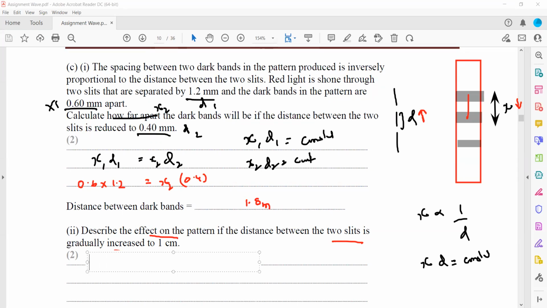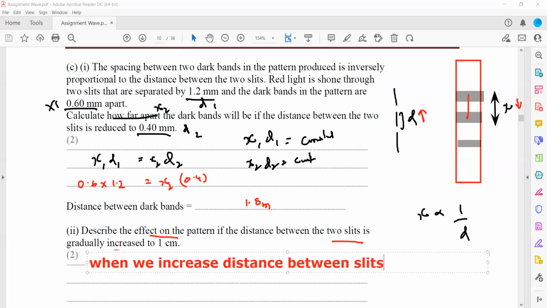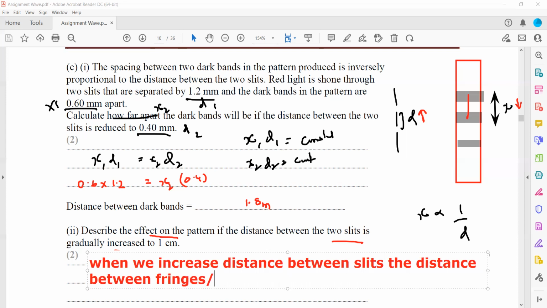So as we are increasing the distance between the slits, initially the bands are closer, but when we increase the distance between the slits, the distance between the fringes, or between the lines, on the screen will decrease.